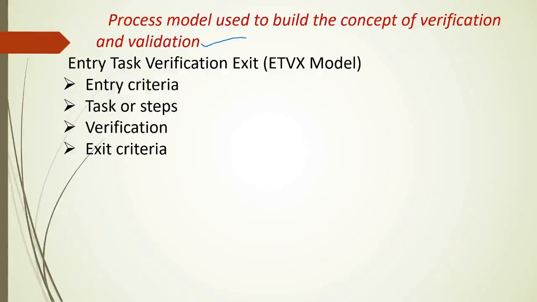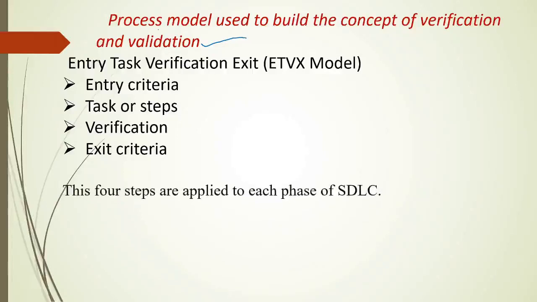So before exiting, it checks whether it has met all the client's expectations, and whether those are working properly or not, and then it comes out of that particular phase. As I told you, these 4 steps are applied to each phase of SDLC.